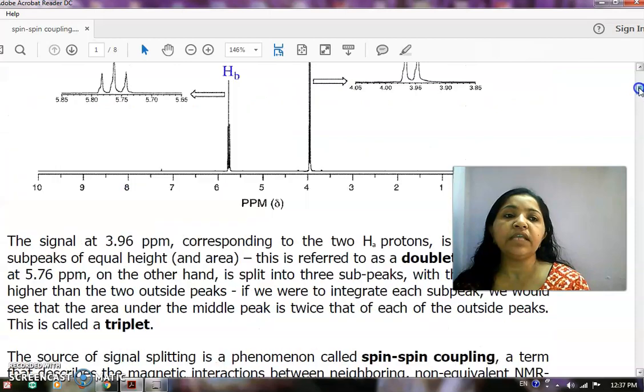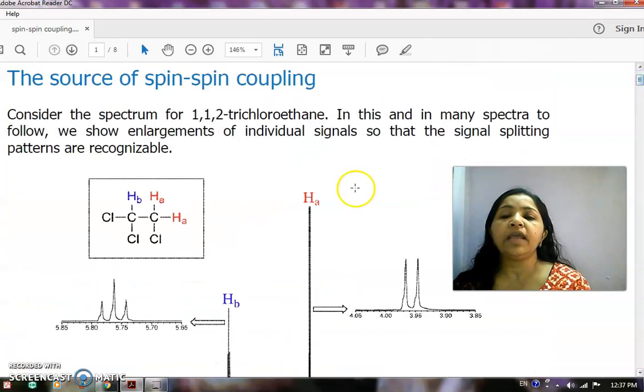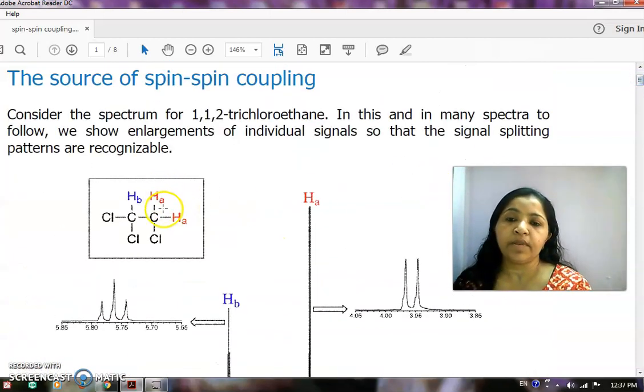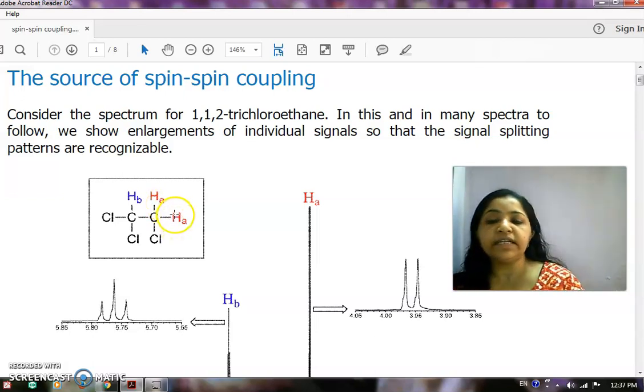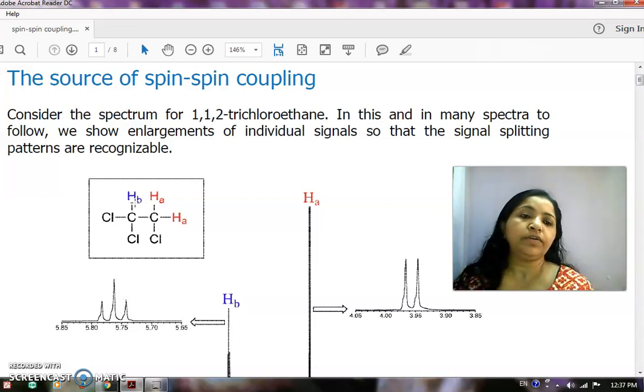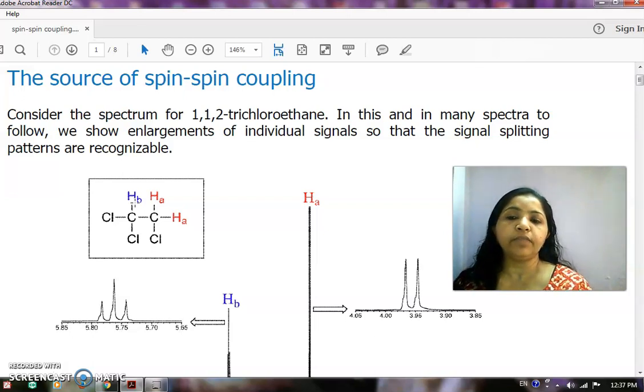Whereas if you see this one, HA, two different magnetic moments are there of similar values, similar environment. This will also couple with the magnetic moment of HB in three different ways.